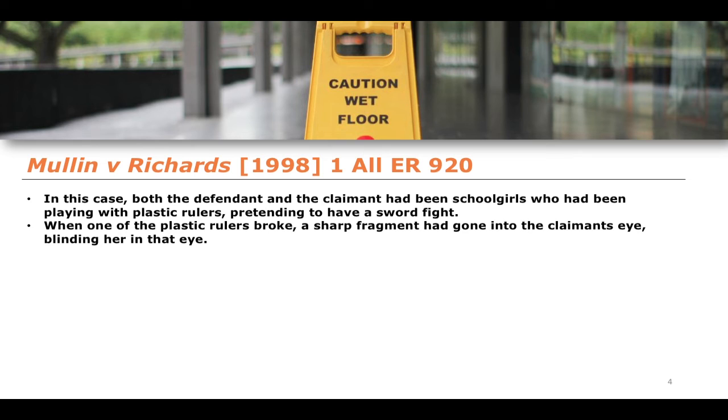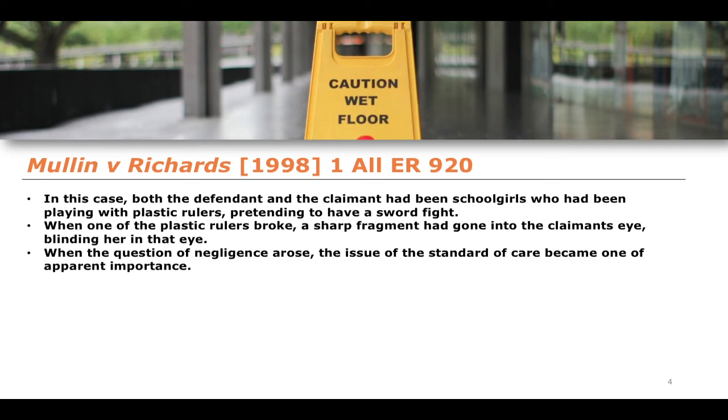Now, if we all remember being at school, we know that those plastic rulers aren't particularly sturdy, so something like this would have been likely to have happened reasonably. When the question of negligence arose, the question of whether or not the defendant, in this case the other schoolgirl, who had ultimately acted in a way that may have caused the sharp fragment to have gone in the claimant's eyes, the issue immediately turned to the issue of the standard of care.